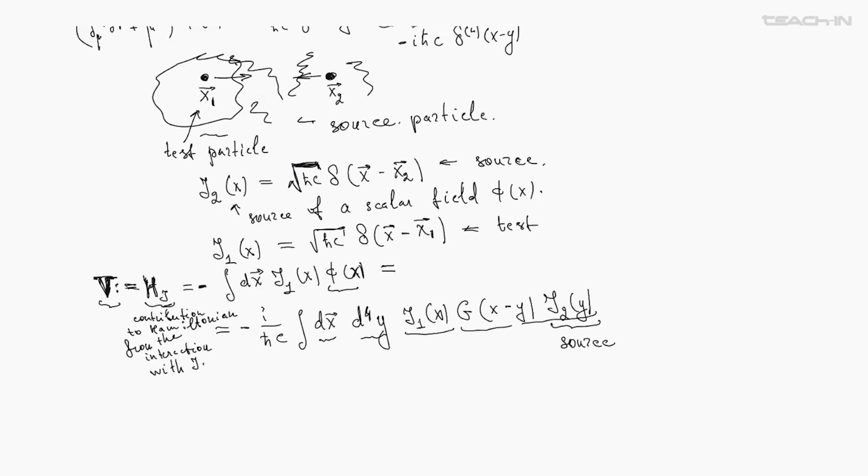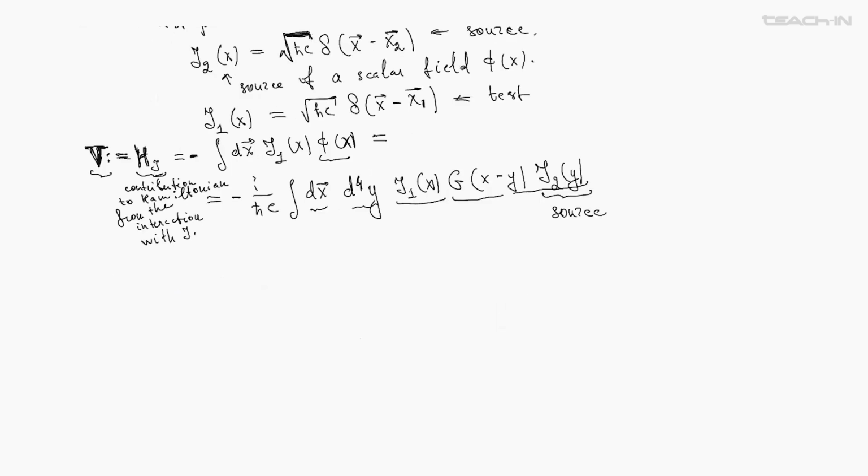So what I will do now is compute these integrals rather explicitly by using the knowledge of the Green's function. First thing I do, I just substitute the expression for these sources.